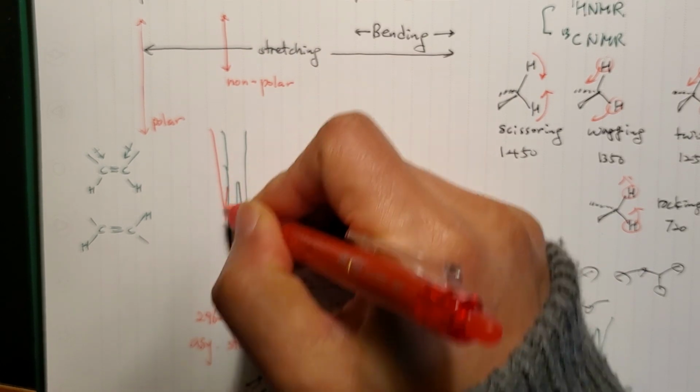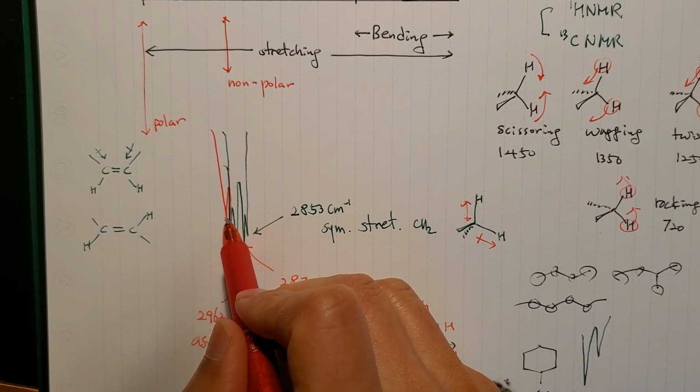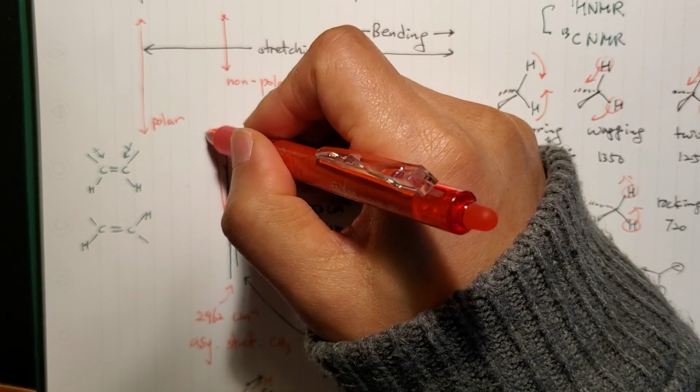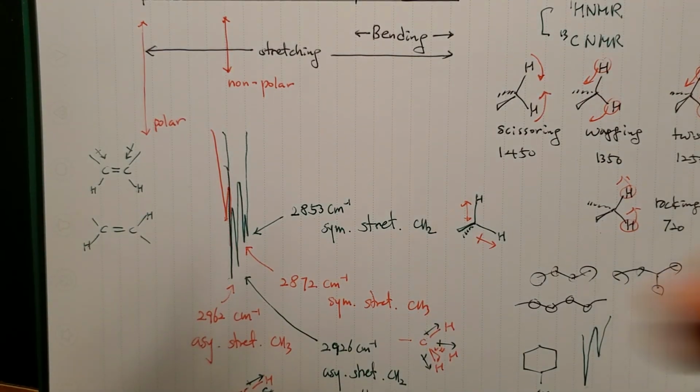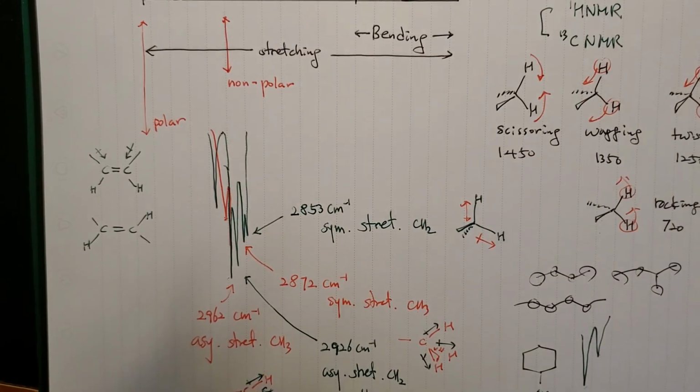It becomes like a shoulder, and this is a little more than 3000, it happened to be. In other cases you may see them as separate little peaks, sharp, you know, depends.